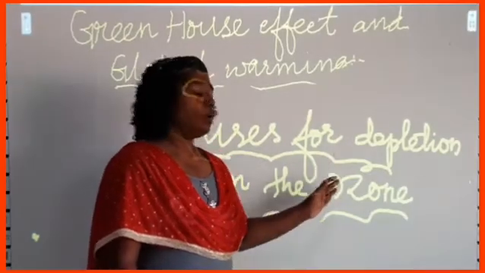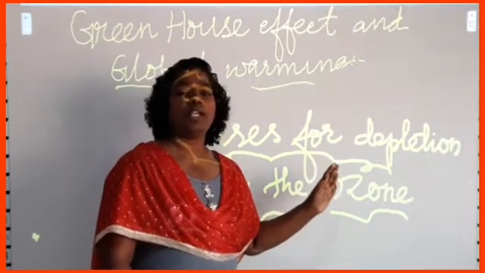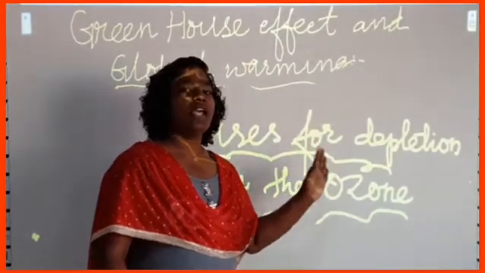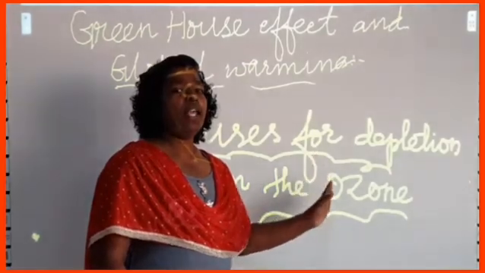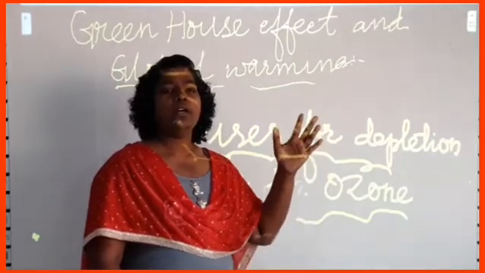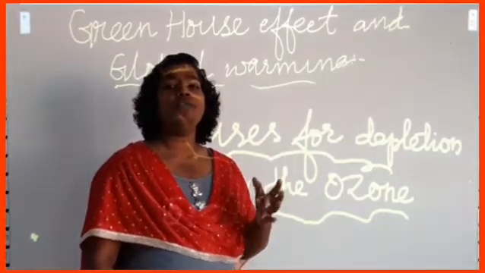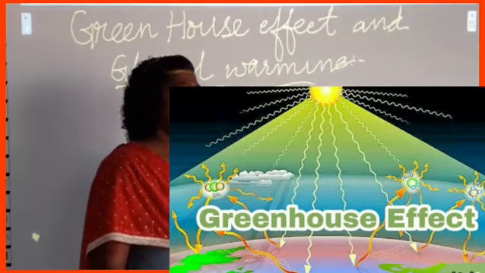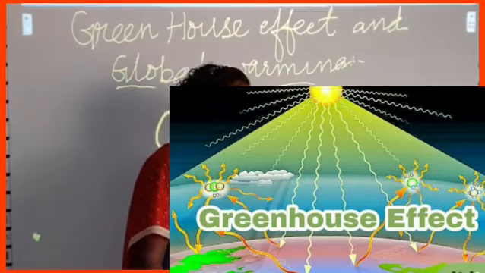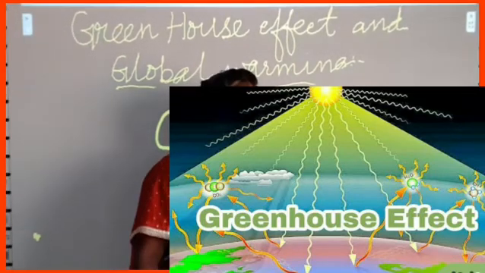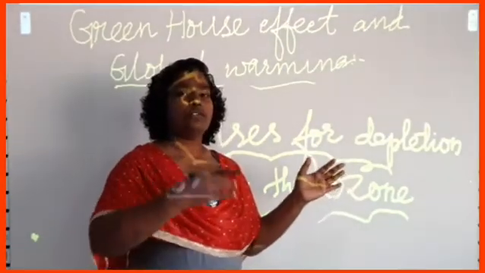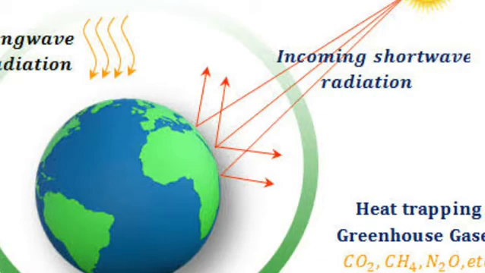Why is this stratosphere called ozonosphere? Because ozone gases are found in this layer, which prevent the earth from the harmful rays of the sun. That's why we call this layer the ozonosphere. Now, what happens if the ultraviolet rays fall directly on the surface of the earth?